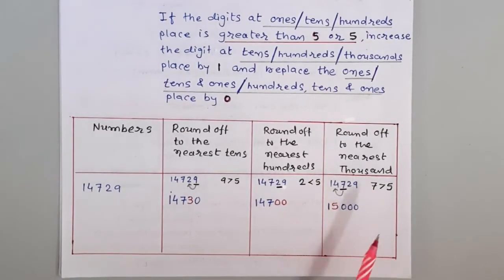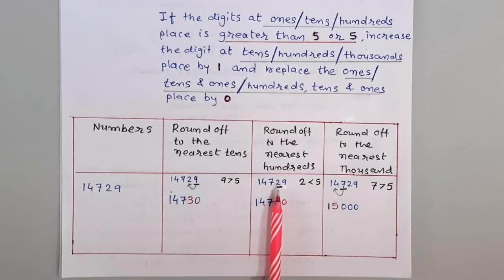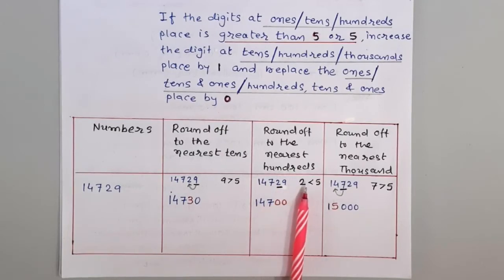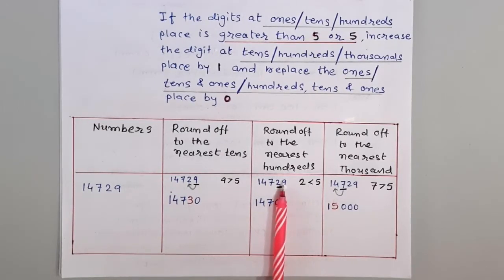Round off to the nearest 100: underline the number at the tens place. Now you can see that 2 is less than 5, so we have to put 0 after the underlined number, like this: 14,700. So the estimation will be 14,700.